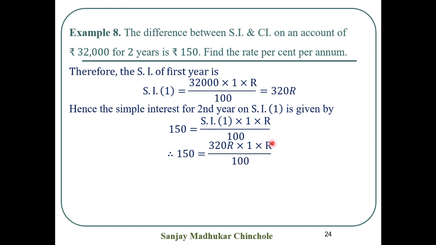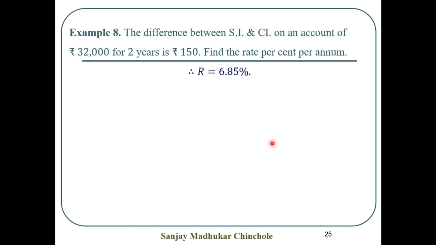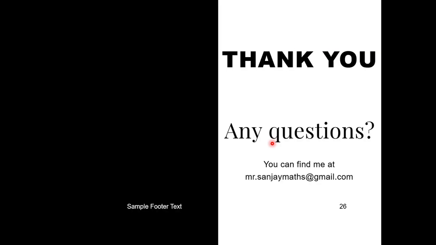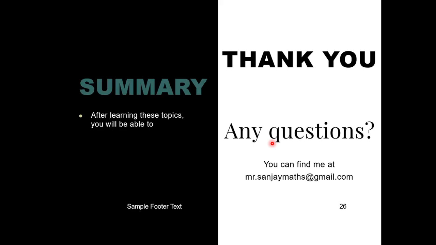After calculation, we will get this R square is equal to 150 into 100 divided by 320, or 1500 divided by 32. It is equal to 46.875, and it is square of 6.85. So the rate of interest R is 6.85% per annum. Thank you.